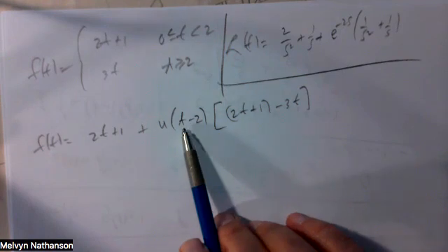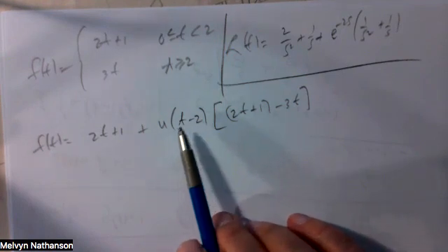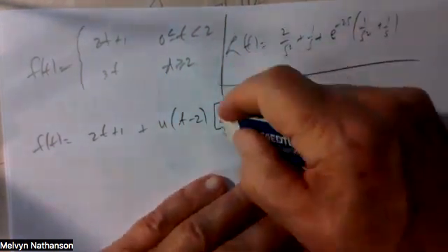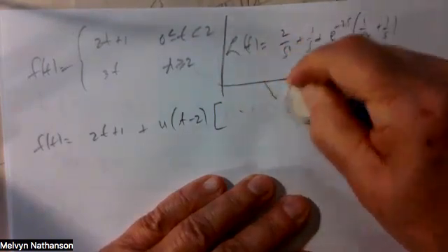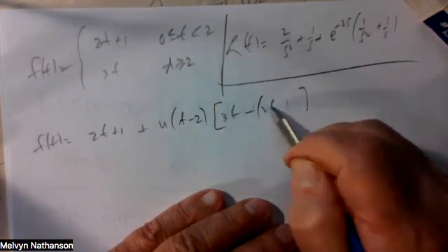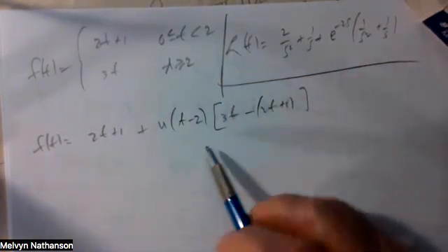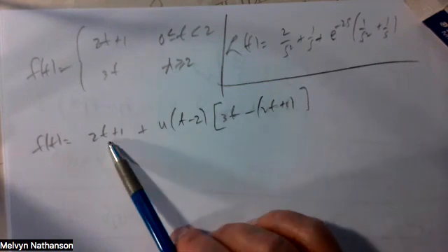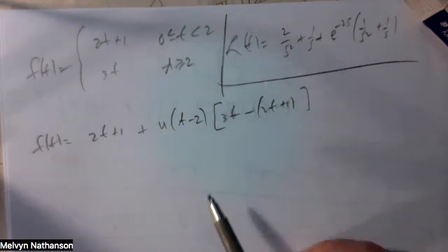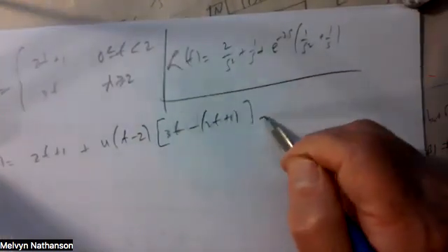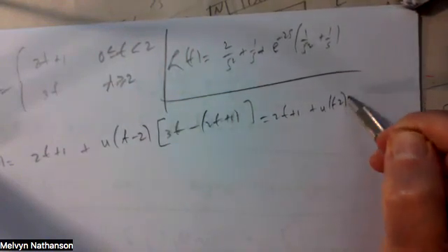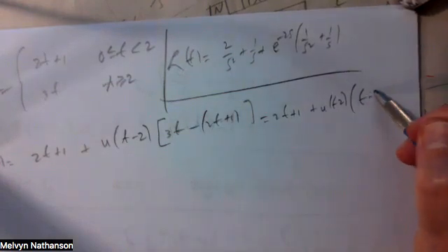And when t is greater than or equal to 2, this is 1, so 2t plus 1 minus 2t plus 1 cancel, and we are just left with 3t. So this is equal to 2t plus 1 plus u of t minus 2 times t minus 1.